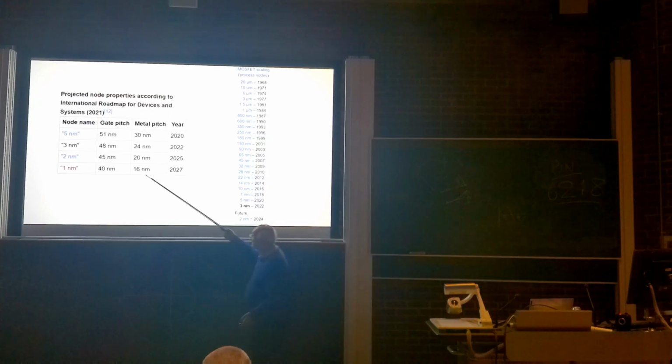So we are now at node names, and this shows you the way they've hyped it. 5 nanometers, 3 nanometers, 2, 1. But the actual gate pitch, which was where it was originally defined, stopped at just below 60, or almost stopped at 51 nanometers.